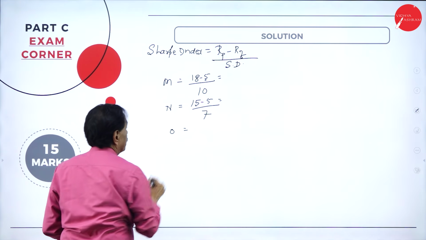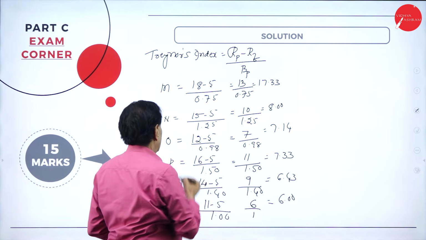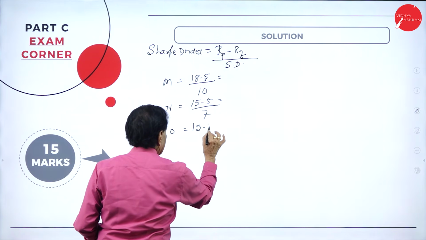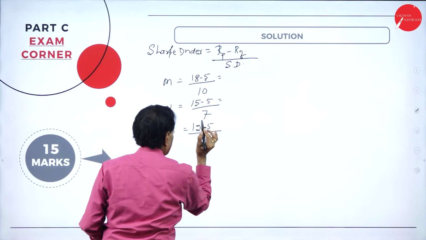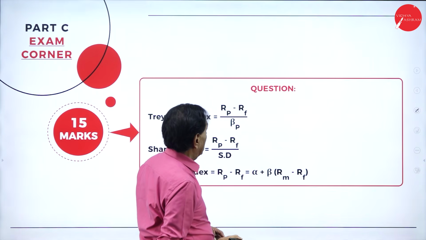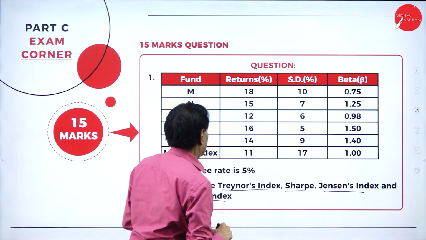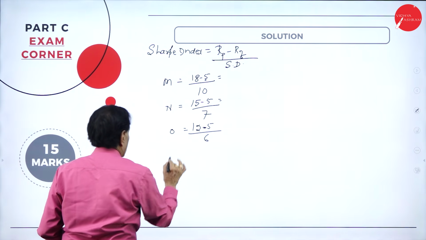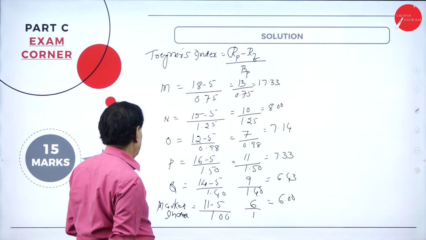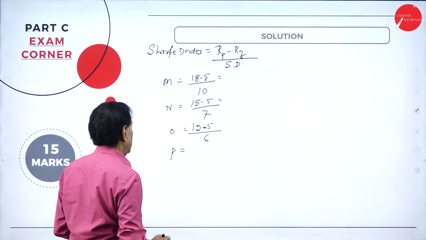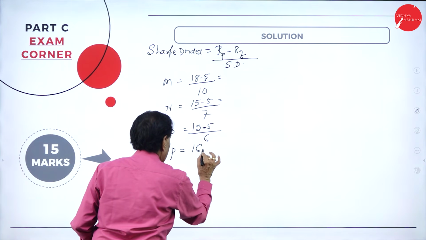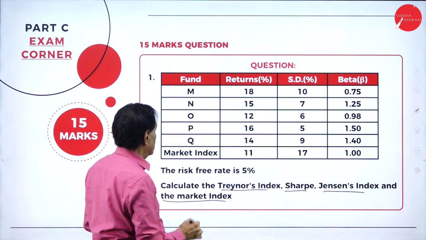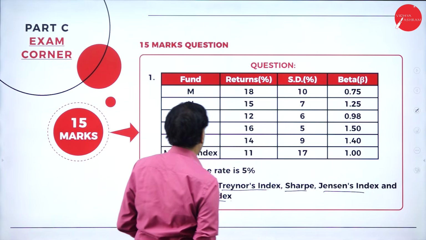O. 12 minus 5 divided by standard deviation, which is 6. P. P is 16 minus 5 divided by standard deviation, which is 5.